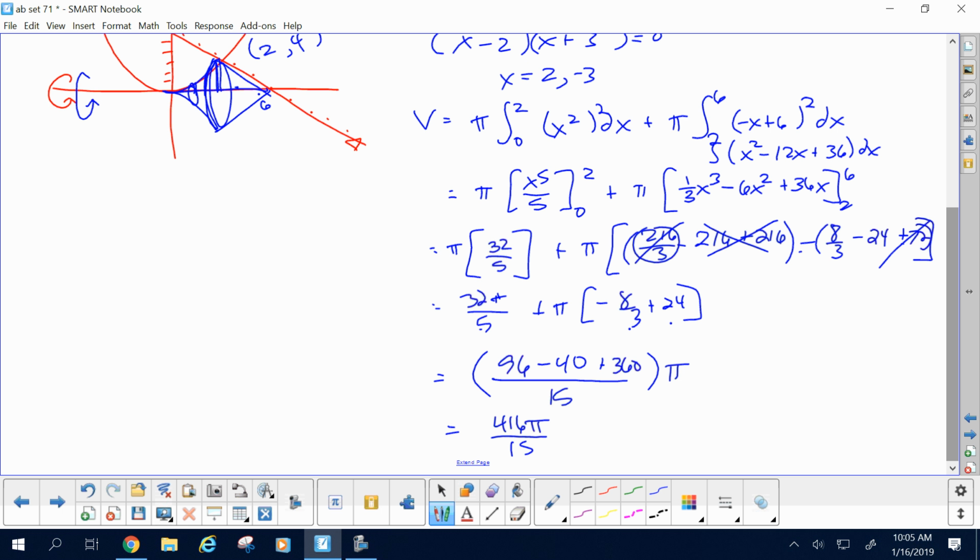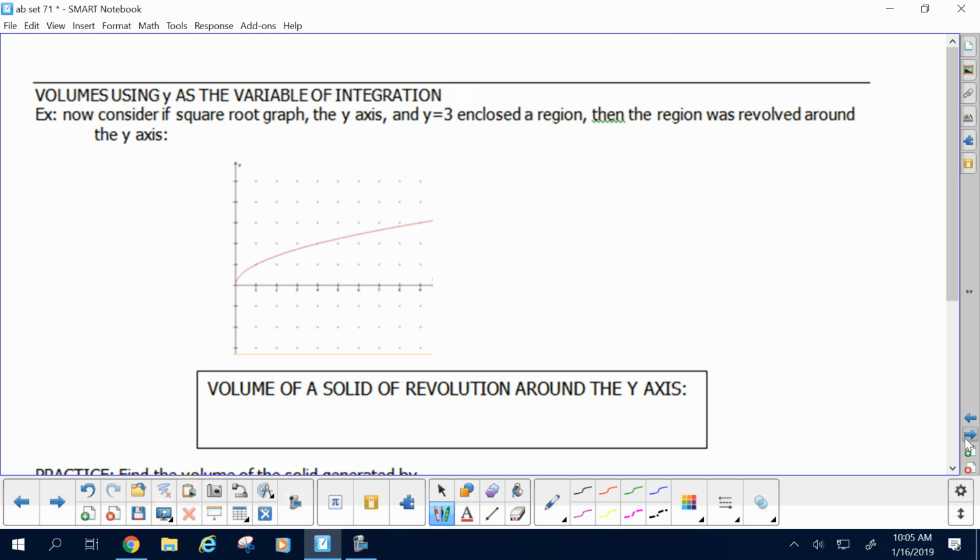All right? Okay. Part 2 of the lesson. Now, it's possible that instead of revolving around the x-axis, you can revolve a region around the y-axis. Now, same graph, but this is a little different region. It says, take the square root graph, but this time use the y-axis and y equals 3.